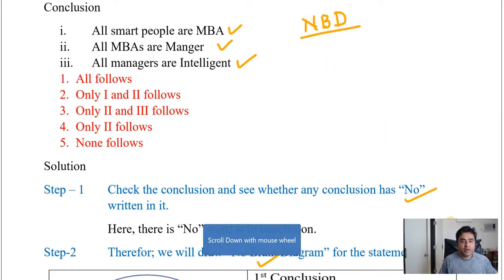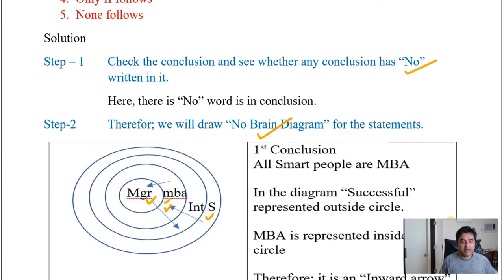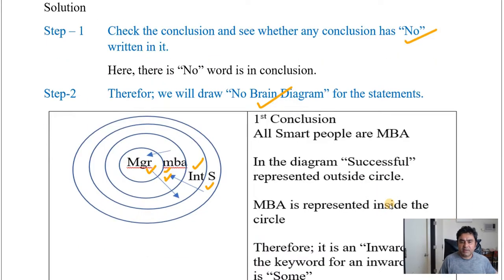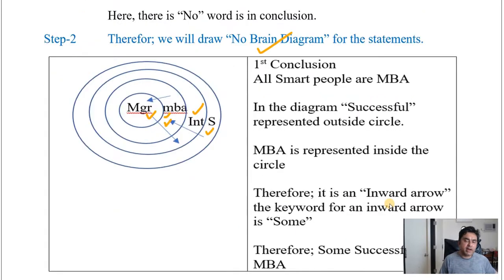Now first conclusion. All smart people are MBA. Now what is there in the conclusion? All. So you have to draw an outer circle, and then you read all smart people. Smart people is here, are MBA. MBA is inside. So this is wrong.